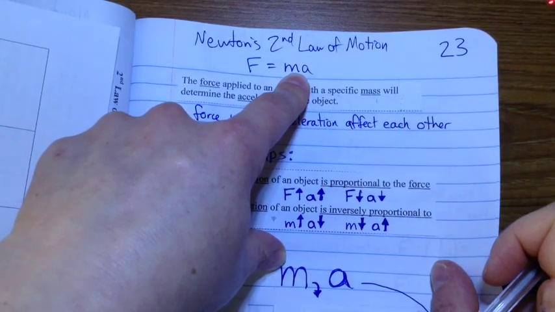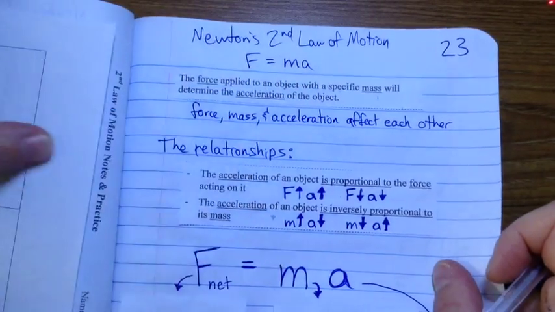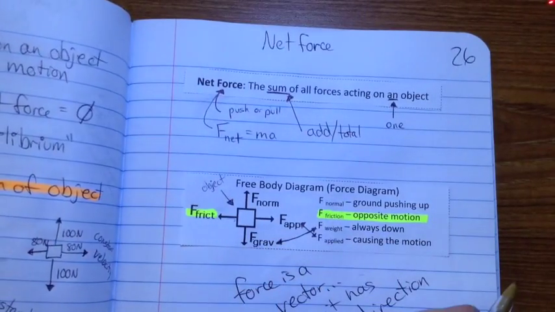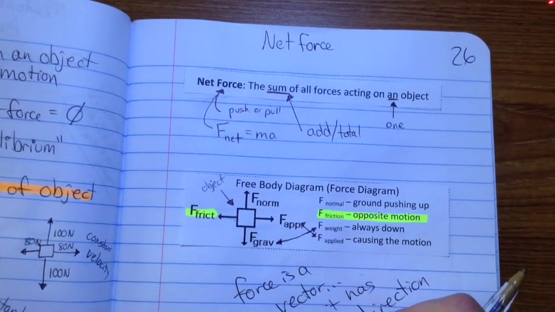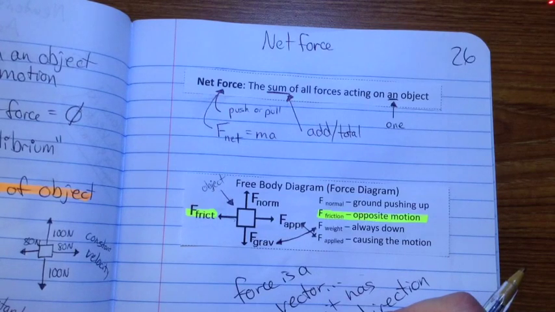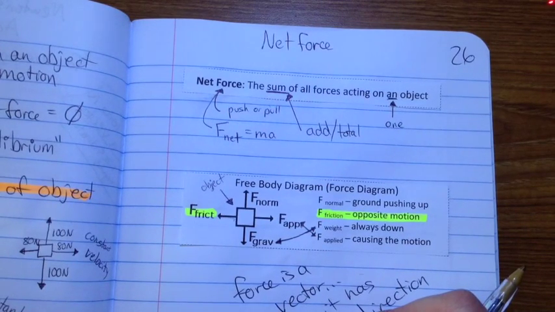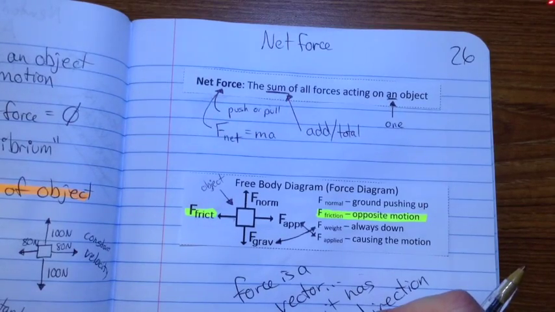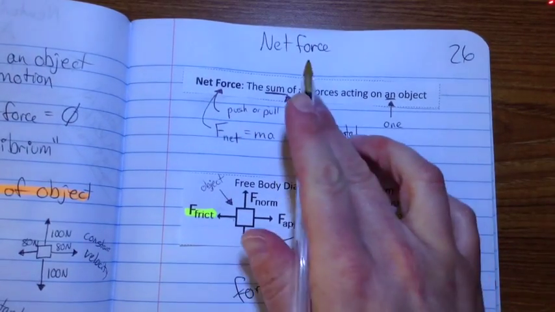So the idea of net force brings together both Newton's first and second laws into one concept. Does that make sense? So, how an object moves completely depends upon the forces that are acting on it.